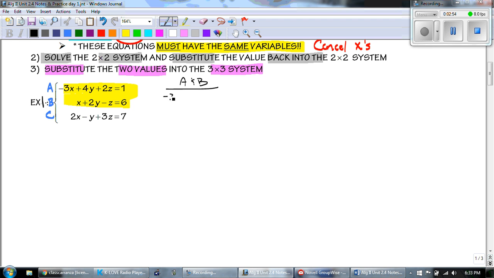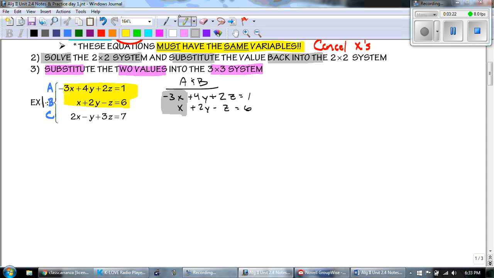So we have negative 3x plus 4y plus 2z equals 1. So I'm going to make sure I write that down correctly. So it's plus 2z equals 1. And then we have x plus 2y minus z equals 6. So I need to cancel the x's.